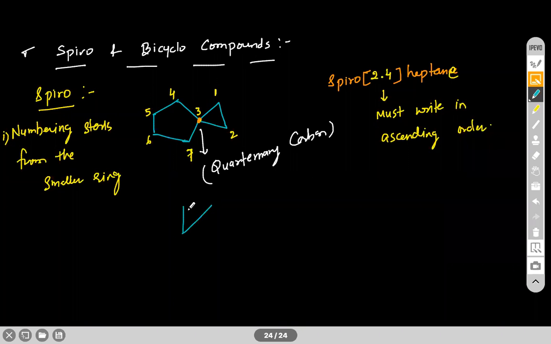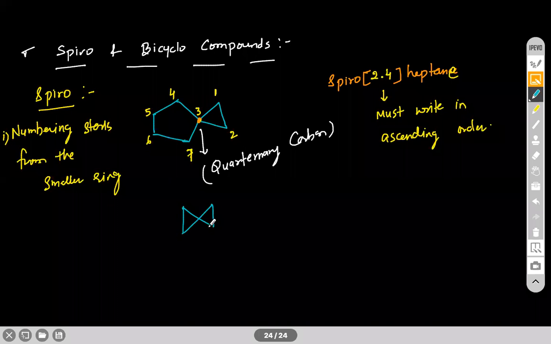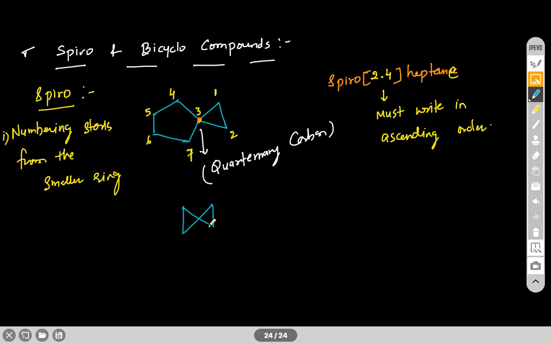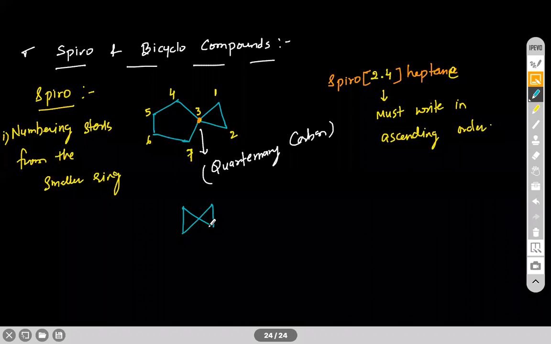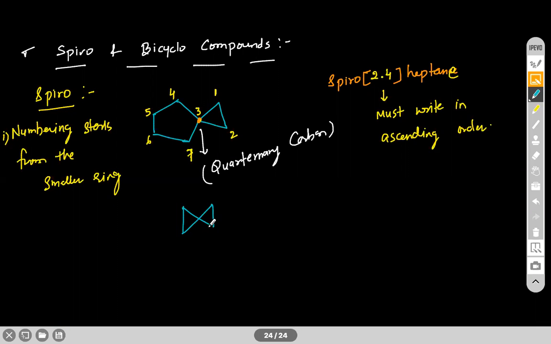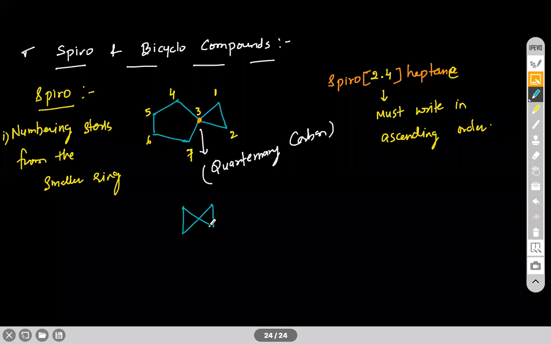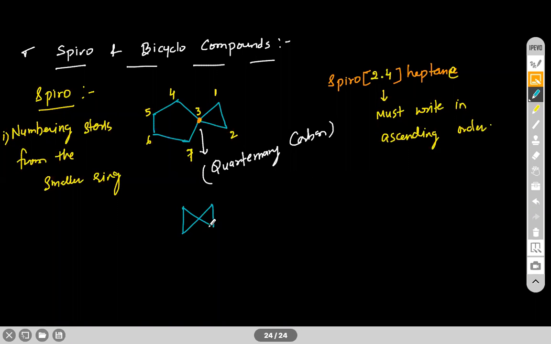Could you do this? What is the name of this compound?